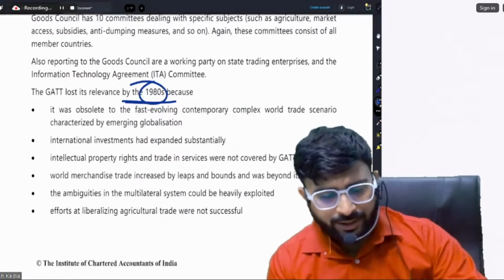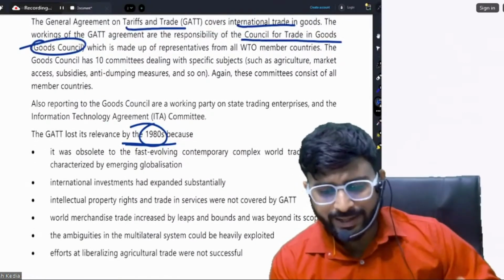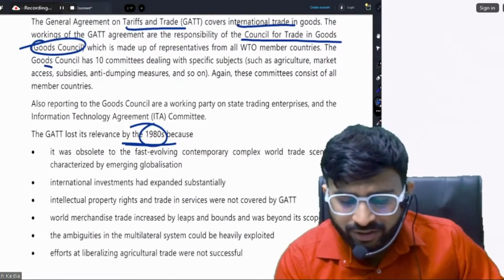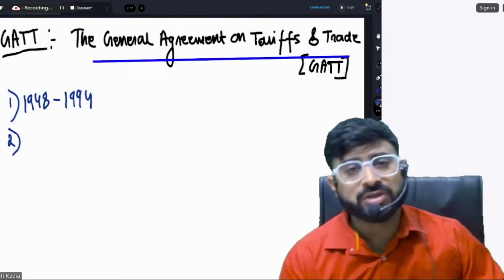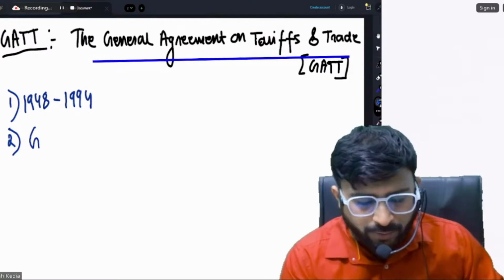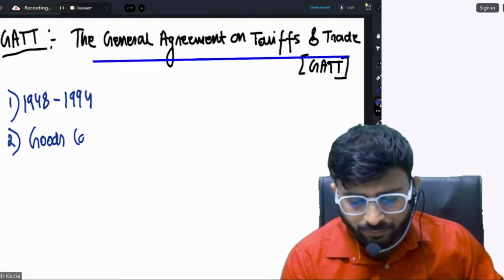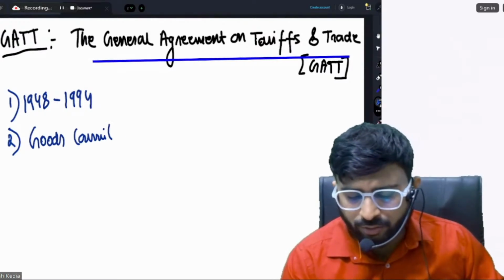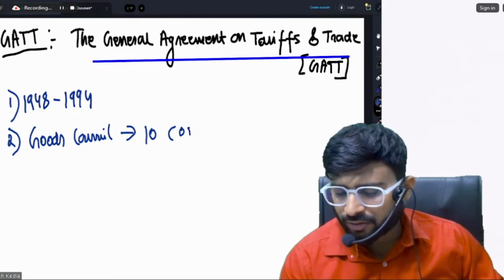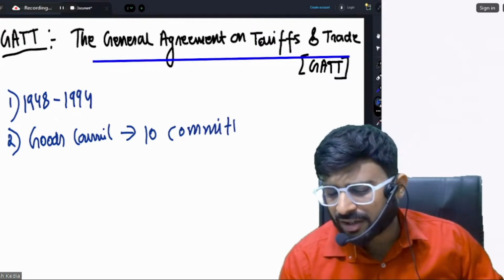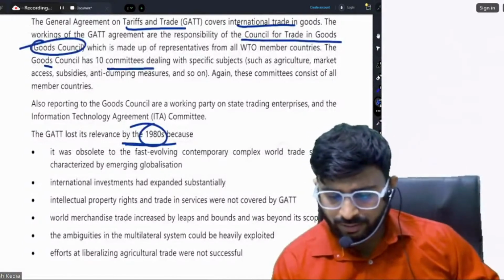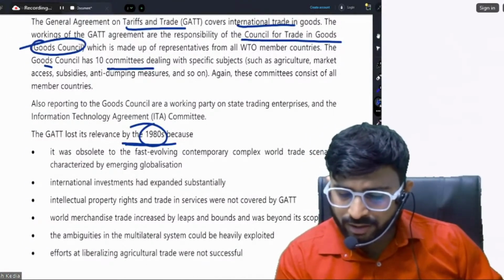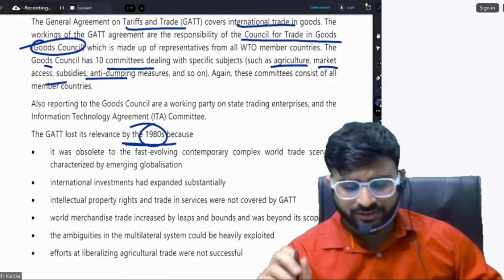So GATT had, number one, Goods Council, which had 10 committees. Goods Council that talked about goods, which was further having 10 committees dealing with different issues like agriculture, market, subsidy, etc.